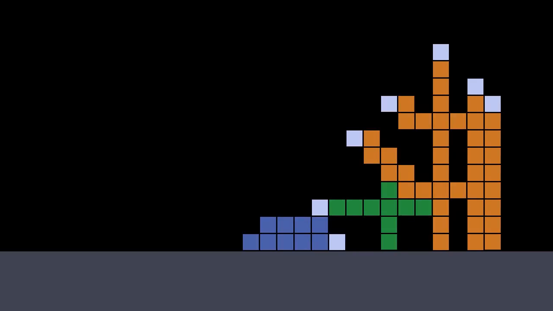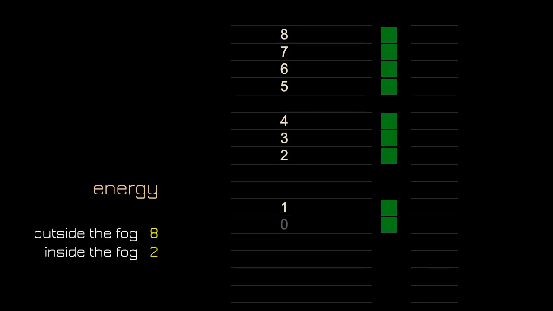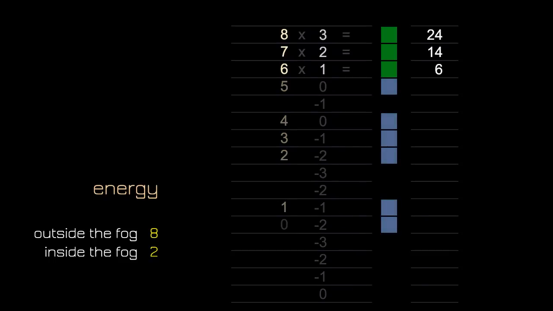Each turn, the tree spends energy on each of its cells. It receives energy from cells through photosynthesis. The amount of energy a cell receives depends on its position among other cells, as well as whether it is in the fog or out of the fog. For example, outside the fog, the sun energy equals 8. With the given cell configuration, they will receive such an amount of energy.